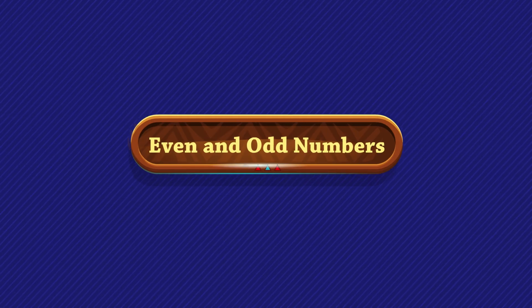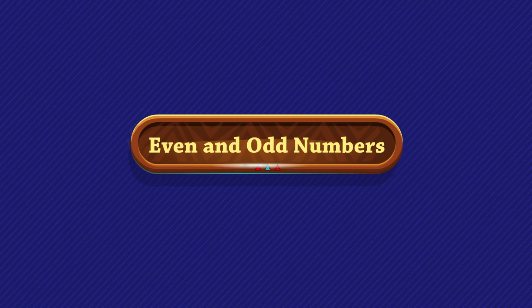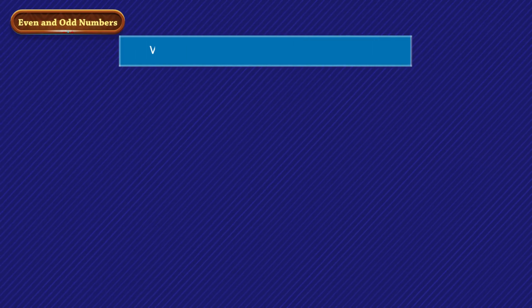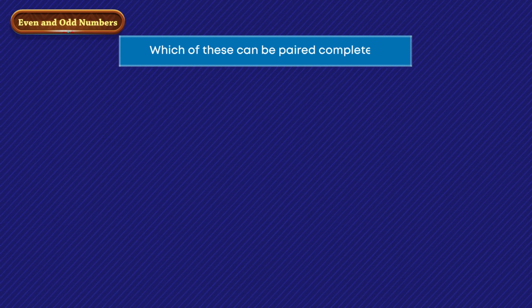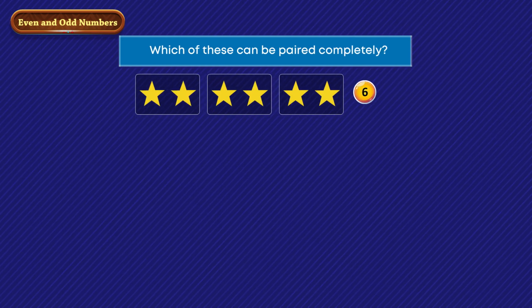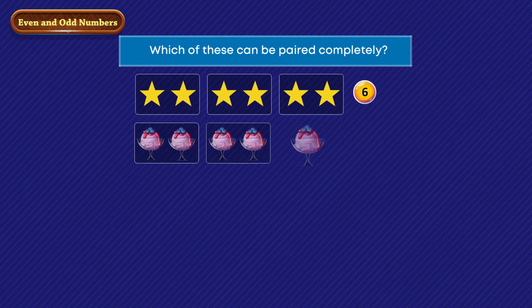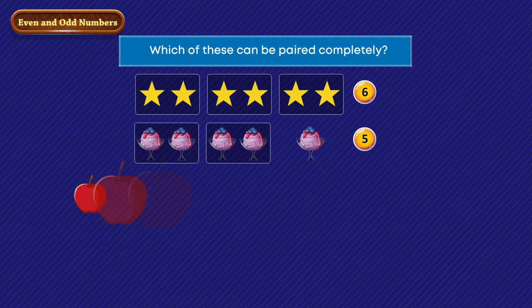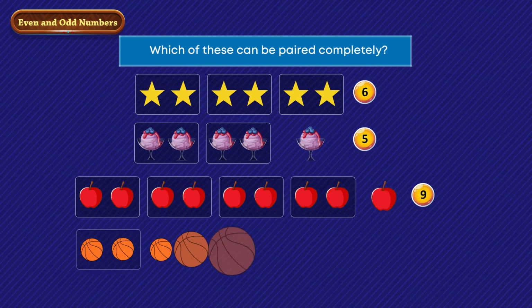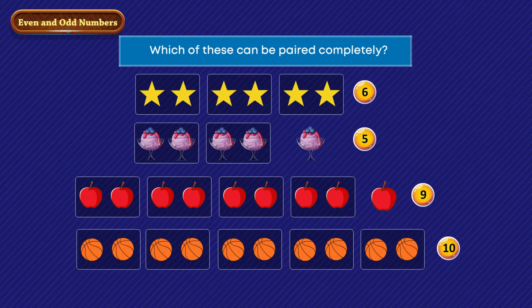Even and odd numbers. Which of these can be paired completely? 6, 5, 9, 10.